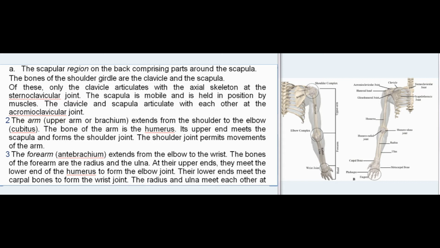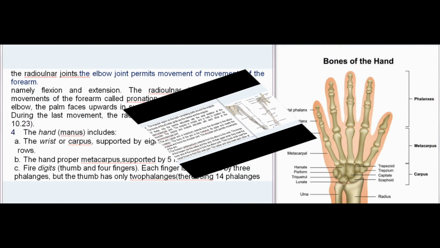2. The forearm, antebrachium, extends from the elbow to the wrist. The bones of the forearm are the radius and the ulna. At their upper ends, they meet the lower end of the humerus to form the elbow joint. Their lower ends meet the carpal bones to form the wrist joint. The radius and ulna meet each other at the radio-ulnar joints.